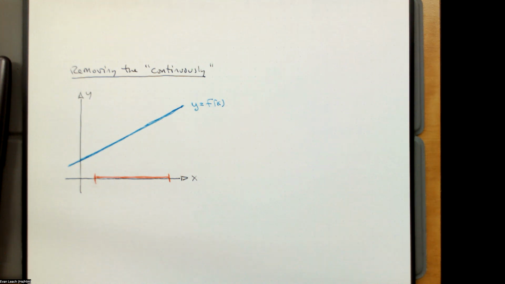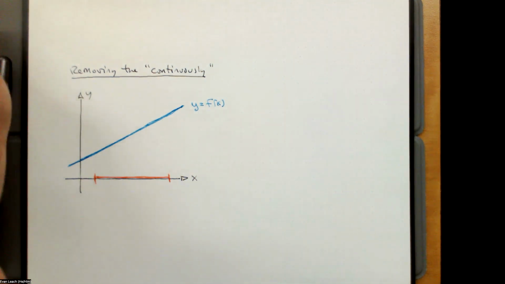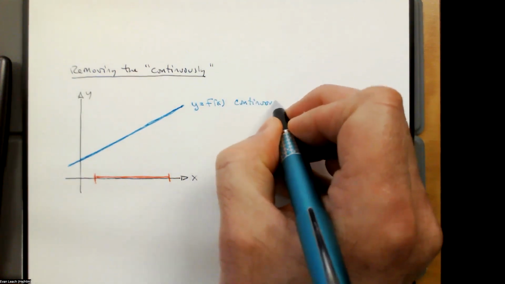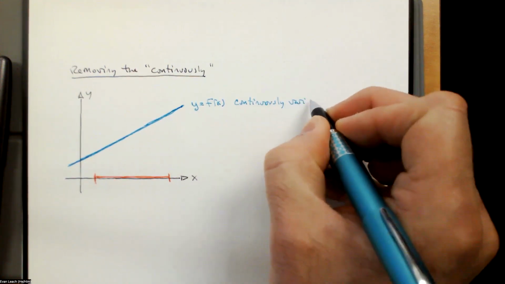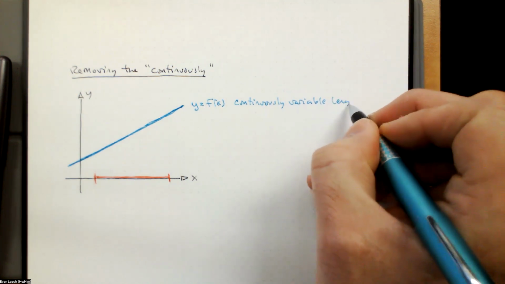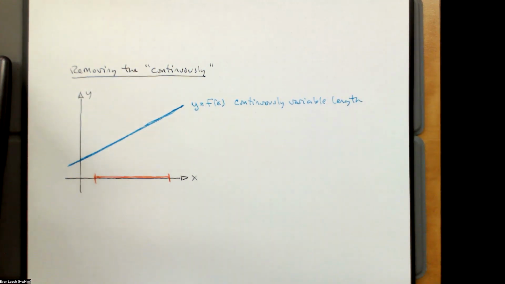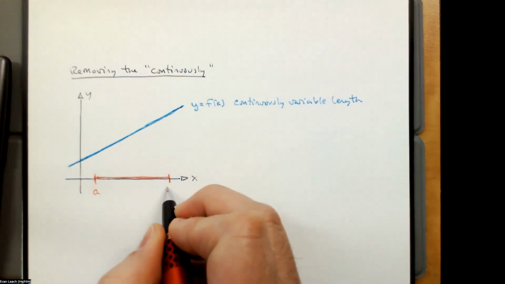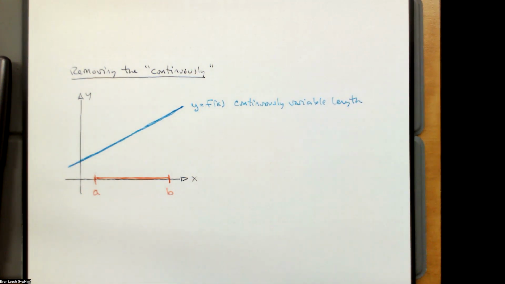Here's what we're going to do. Right now, f of x is continuously variable. That's our continuously variable length. This is a continuously variable length over our width from A to B. So what we're going to do is flatten out the function and make it just variable.